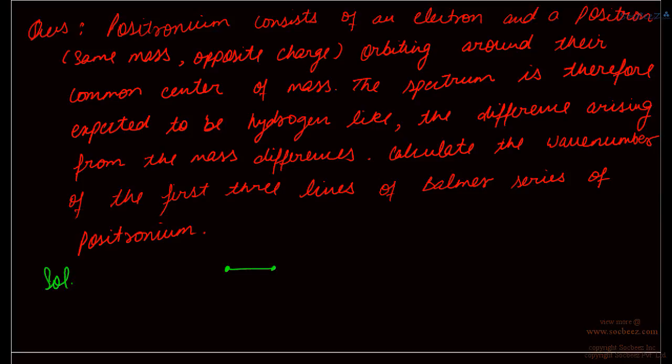Suppose this is an electron, this is a positron, orbiting around their common center of mass. There is some center of mass, they are orbiting around it. Now if we are taking the spectrum, obviously the spectrum is not going to be that of an electron, and hence we cannot apply this formula as nu bar equals RH into 1 upon N1 square minus 1 upon N2 square.